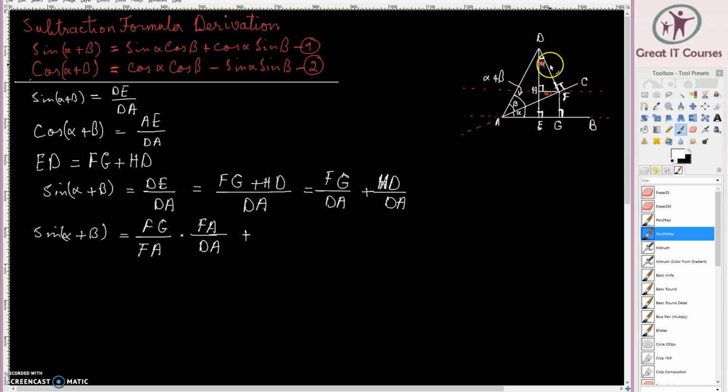Now DF, so let me see, if you have HD, you have alpha over here as well, so you can say that HD divided by FD, these two sides over here, this would be cos alpha, and this is cos alpha over here, right?